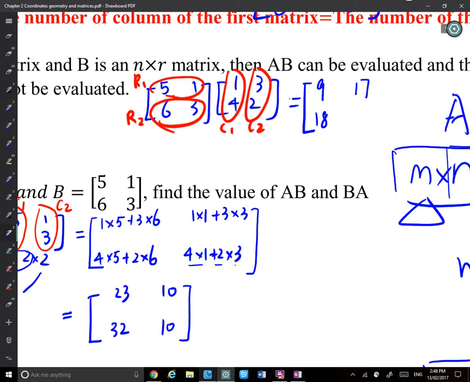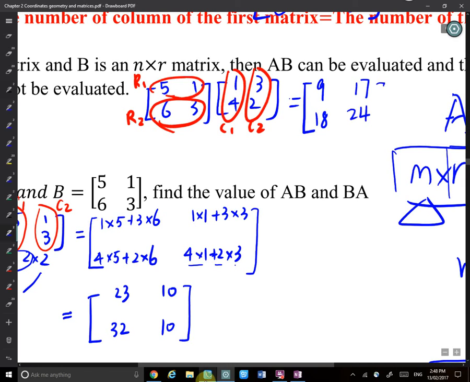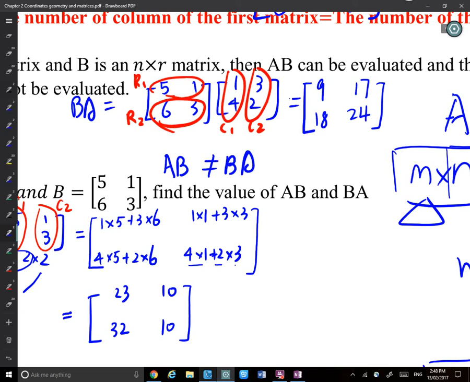Row 2, column 2 will be 6 times 3 plus 3 times 2, so 18 plus 6, which is 24. And you can see A times B is not equal to B times A.